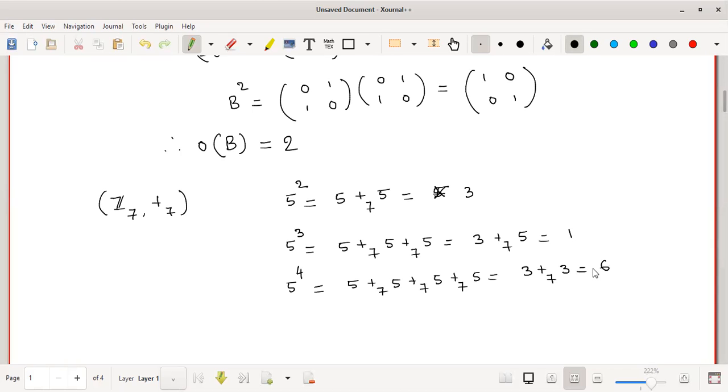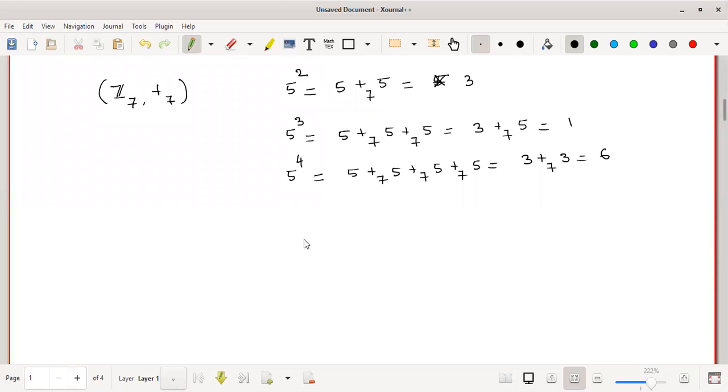So this is 6. Similarly, what will be 5 to the power 5? It is 6 addition modulo 7, 5. That is 4. And what is 5 to the power 6? It is 4 addition modulo 7, 5. That is 2. And what is 5 to the power 7? It is 2 addition modulo 7, 5, that is equal to 0.